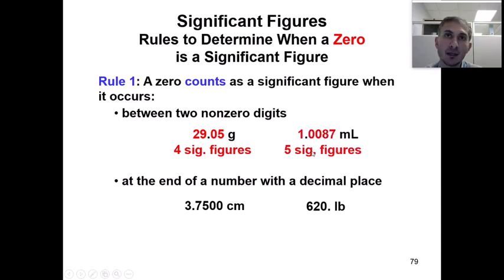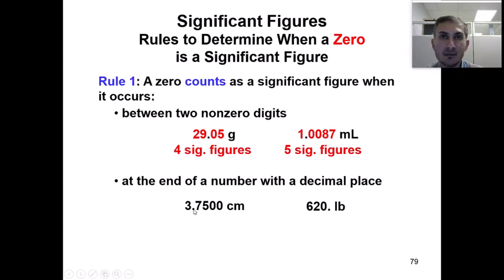Another possible sig-fig for zeros is if they follow this rule. Please pay attention to this rule: zeros placed at the end of a number with a decimal place. At the end with a decimal place. Two conditions: at the end, with a decimal. Look at this example.